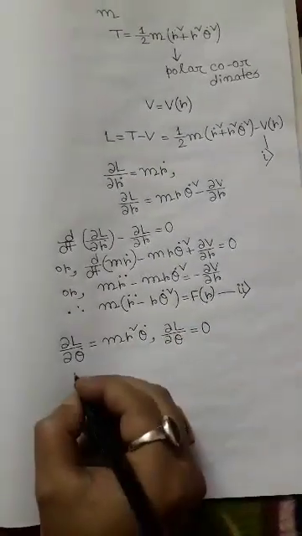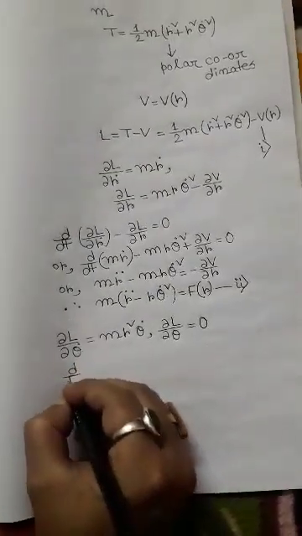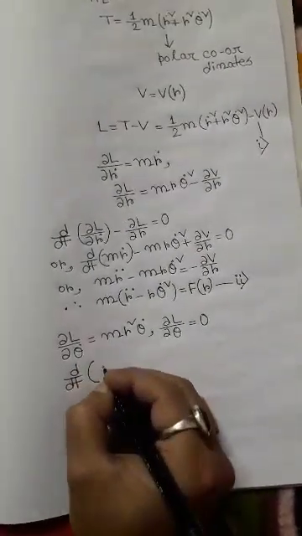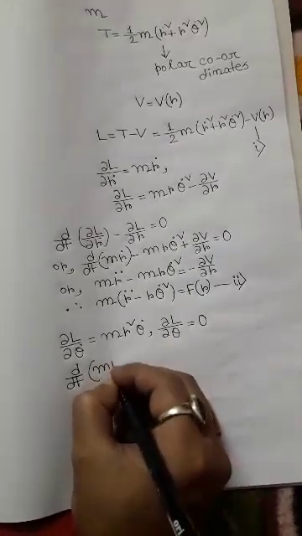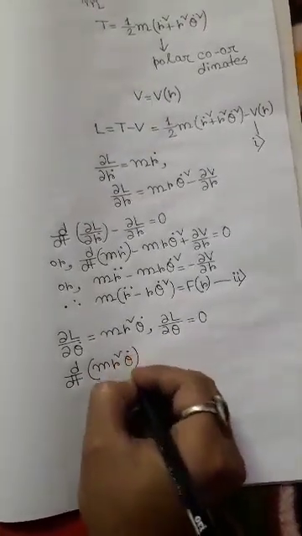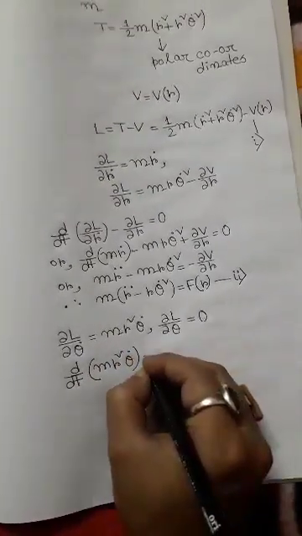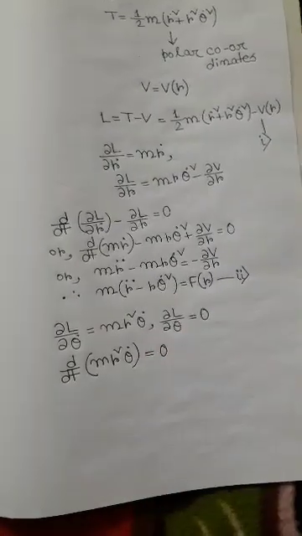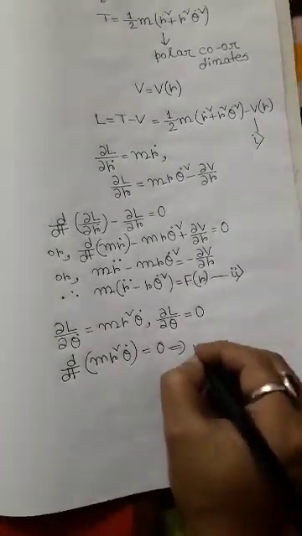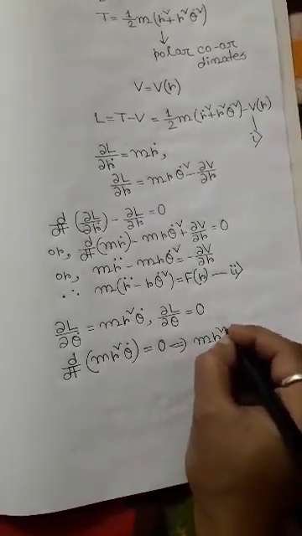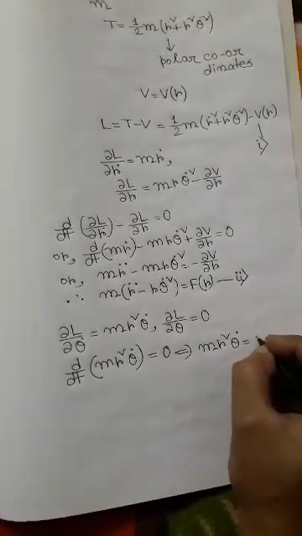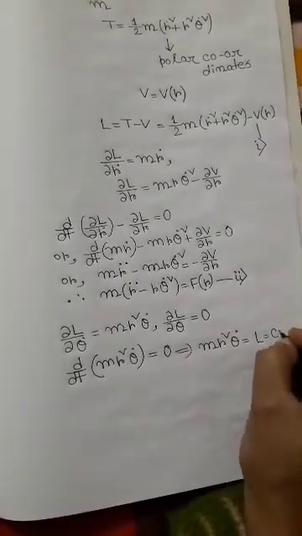So what will be the cross radial equation of motion? That is d/dt of del L del theta dot, that is m r square theta dot, minus del L del theta, which is 0, equals 0. From this we can easily write m r square theta dot equals L, which is constant.